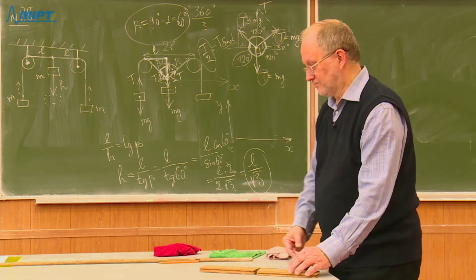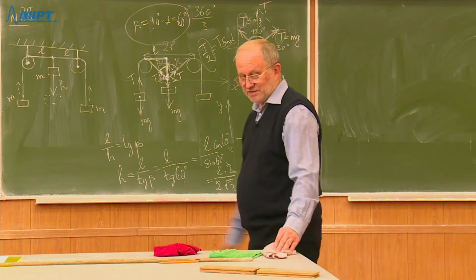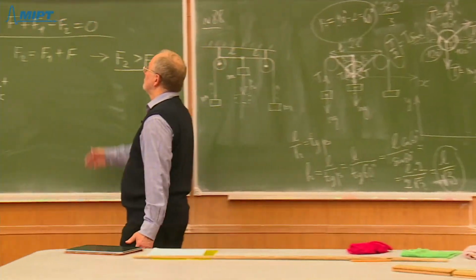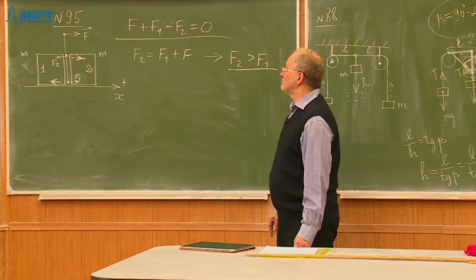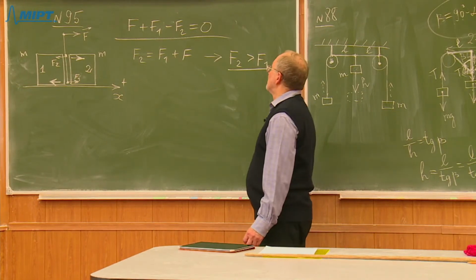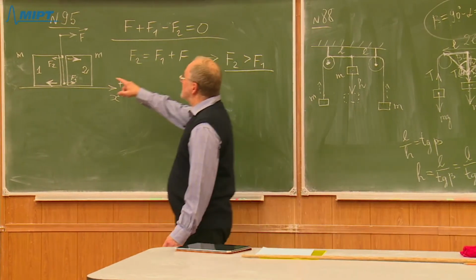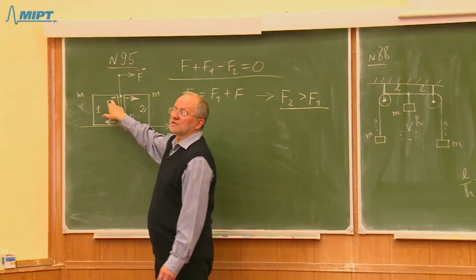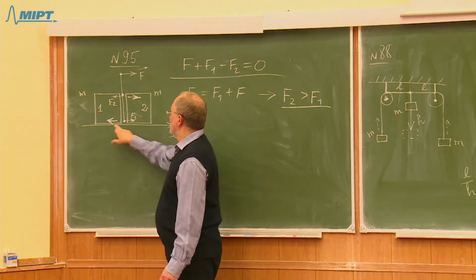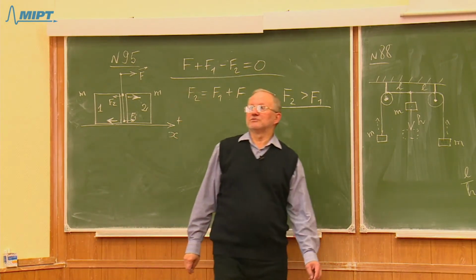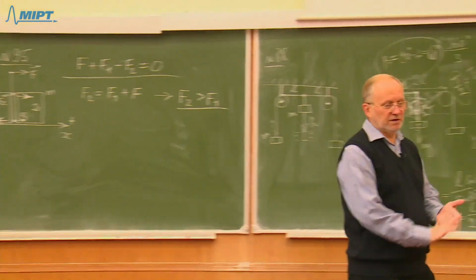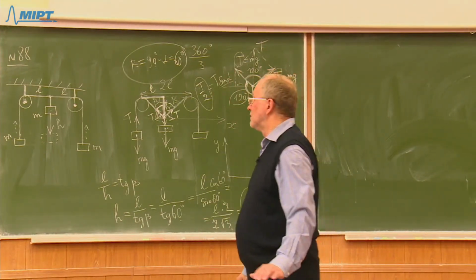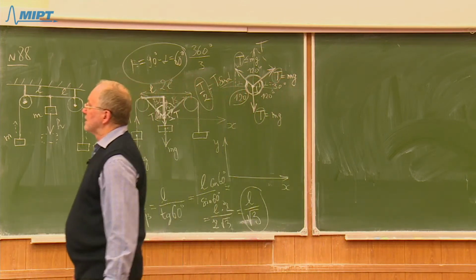That's it. And the analysis is very simple. Just two simple formulas. The first one is the condition for static equilibrium of the vertical rod. And the second one is based on Newton's third law, that this force is equal to this force in magnitude. Also, these two forces are equal in magnitude. So nothing more than the condition for static equilibrium and Newton's third law. There is nothing more to this problem.